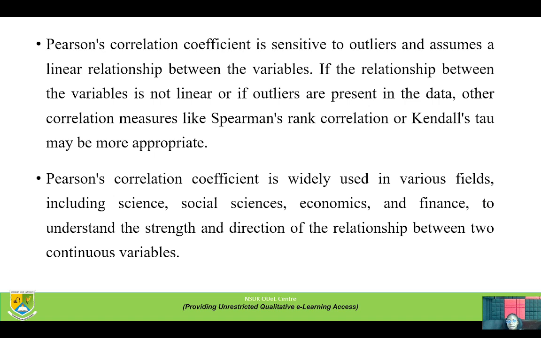Such data points affect the computation of the Pearson's correlation coefficient. If we have a data set comprising of 10 values of, let's say, 2, 4, 6, 8, 10, 12, 14, up to 20, and then all of a sudden another value reads 100, another value reads 1000.